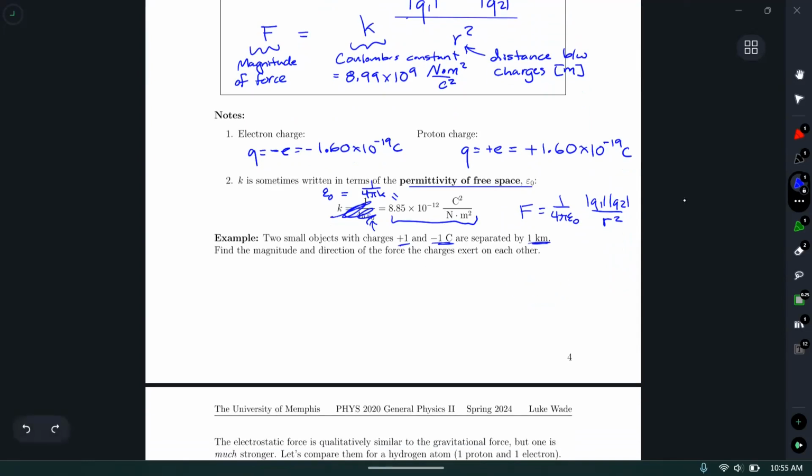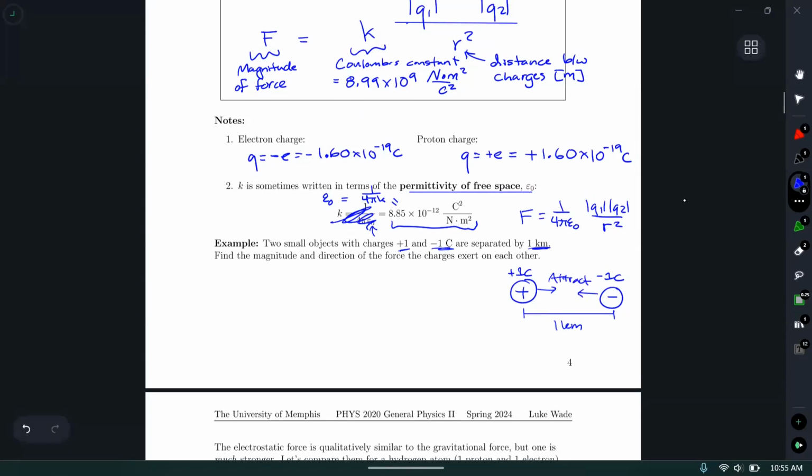So you got positive and negative 1 Coulomb, and the distance between them is 1 kilometer. And we know since they're oppositely charged, they will attract, but we want to know how large that attractive force is.